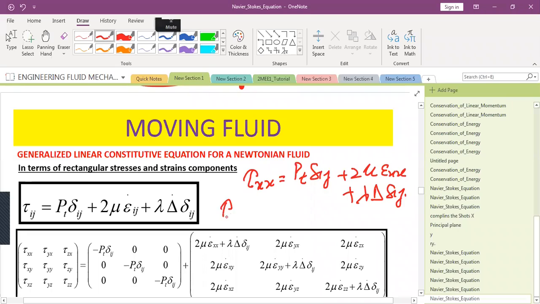If I want to represent tau xy, what is tau xy? Tau xy is the total shear stress at that point. So now let me know whether shear stress will involve these terms or not.